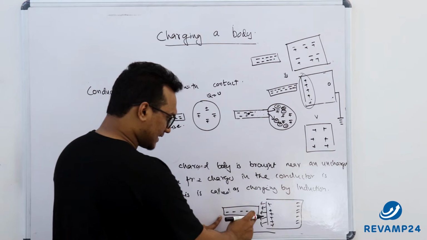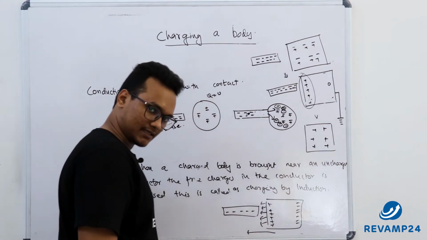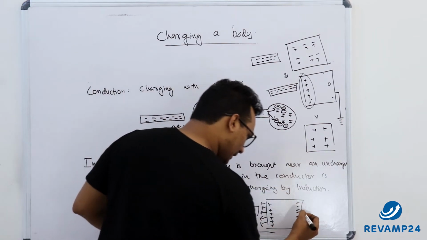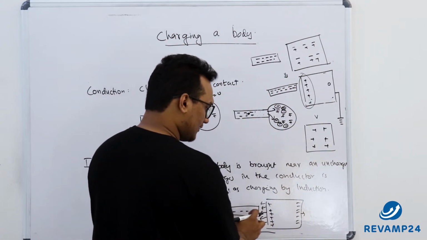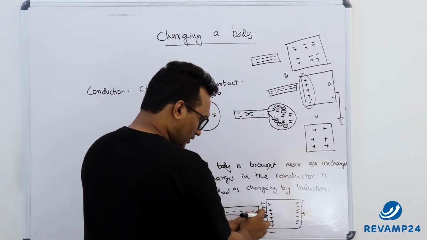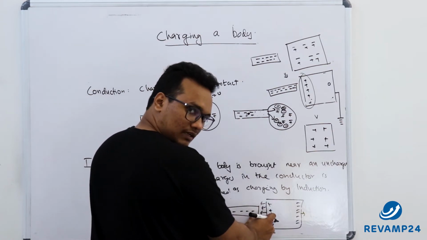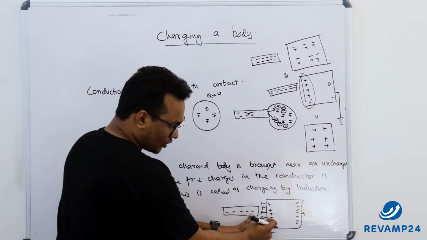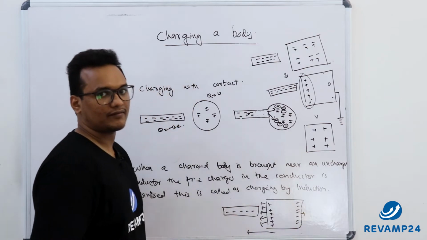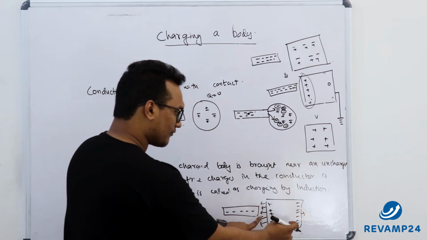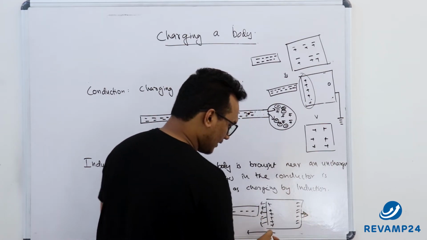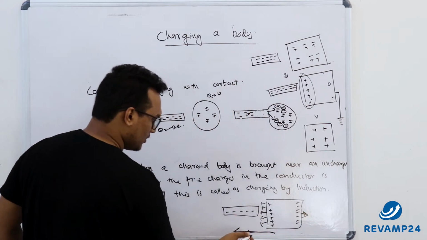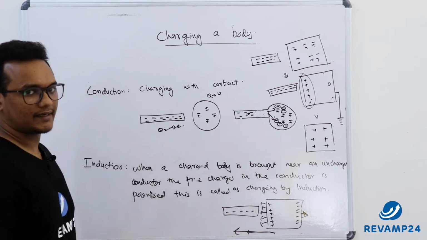Now here, 6 negative charges and 6 negative charges will repel, but the problem is that 6 negative and 6 negative are at a distance. As compared to these two, 6 negative and 6 positive, which are close to each other, this is far away from each other. So repulsive forces will be there, but comparatively lesser than the attractive force. So this will have a net force in this direction.